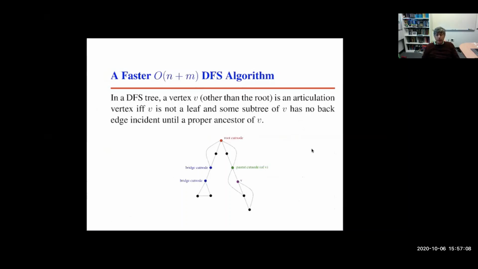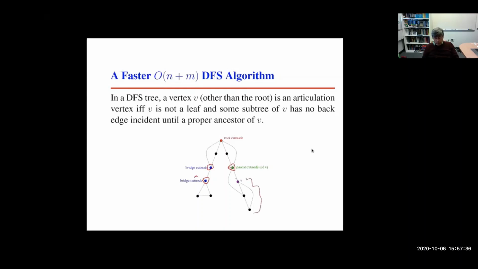What are the articulation vertices here? On this particular graph, what is an articulation vertex? Well, this one and this one are both articulation vertices. So is this one. If I delete this one, I will separate this chunk of it from the rest of the graph.